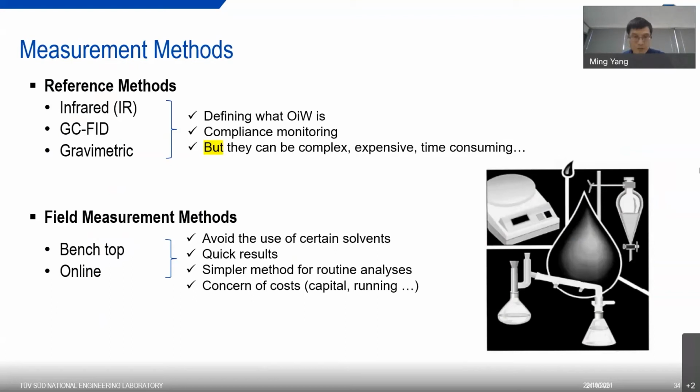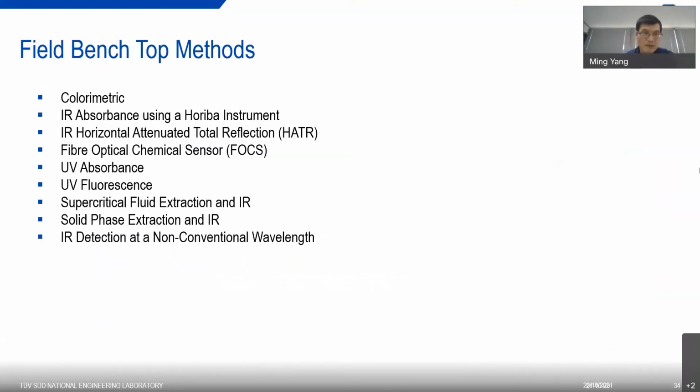Talking about the field measurement methods, we are looking at benchtop. And again, there are quite a few benchtop methods listed here, but I'm not going to go through them in detail. If you want to know the details, I will refer you to a book chapter which I wrote back in 2011, and towards the end of my talk, I will tell you the reference.